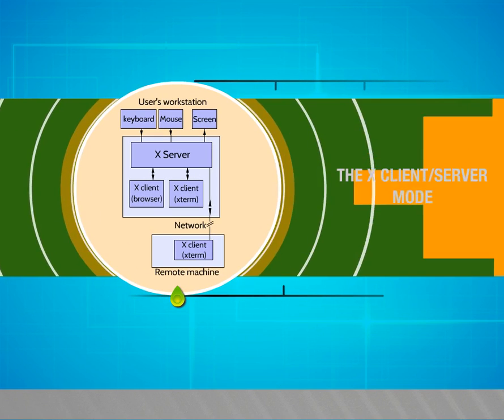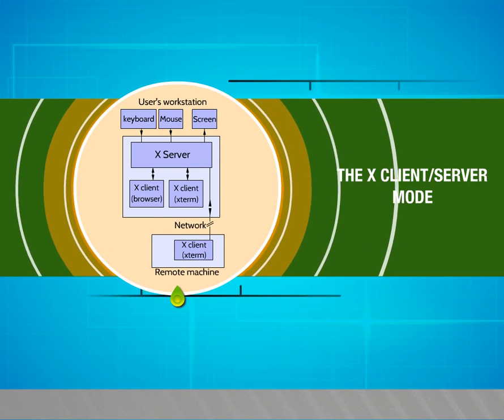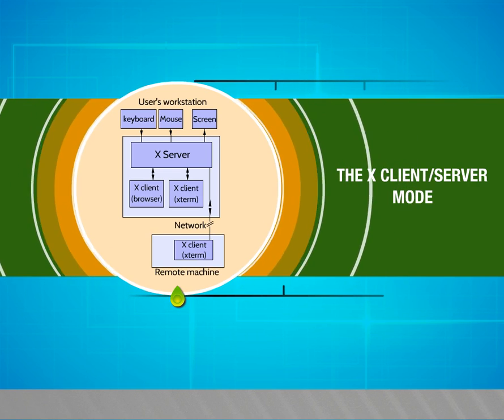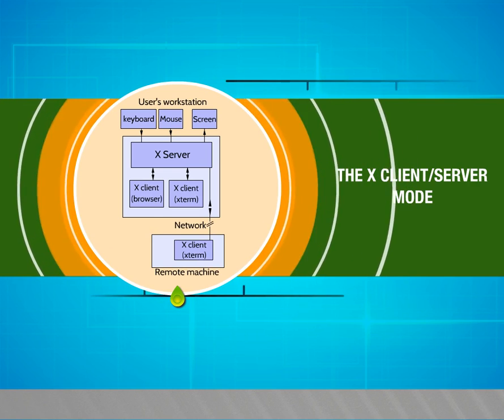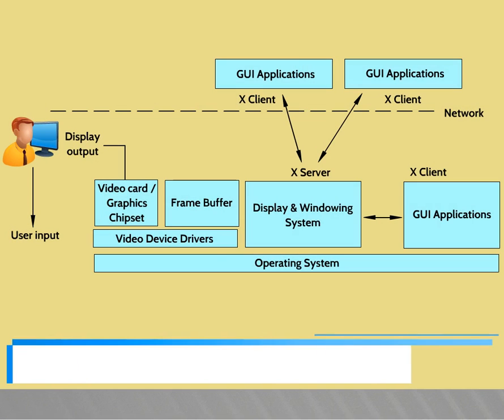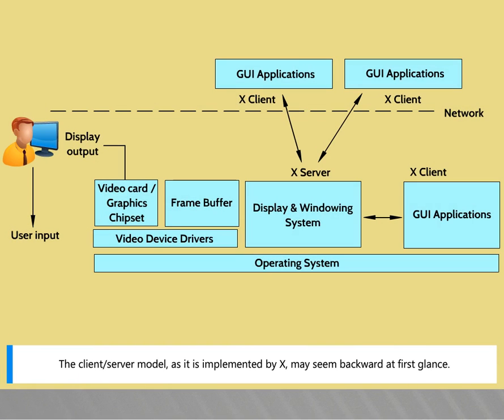The X client or server model. In this video, we are going to see about the X client or server model. The client or server model, as it's implemented by X, may seem backward at first glance.